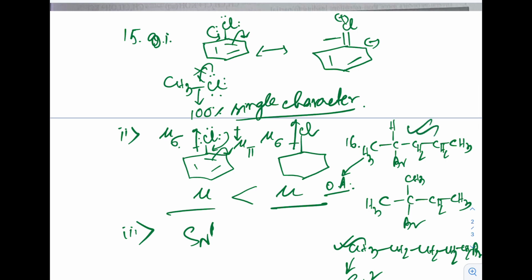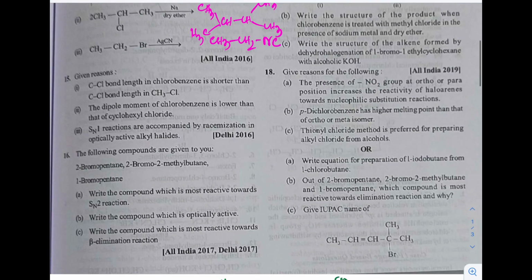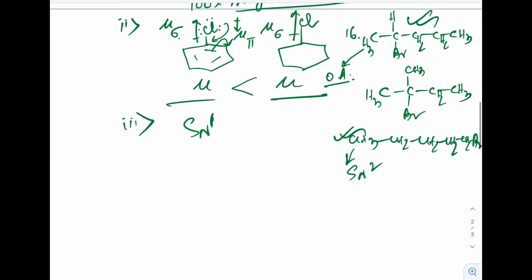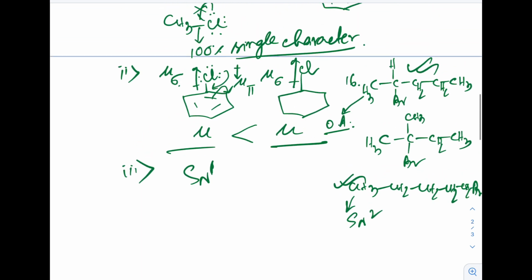Next question: write the compound which is most reactive towards beta elimination. Order of elimination reaction, you just note it down: 3 degree alkyl halide greater than 2 degree alkyl halide greater than 1 degree alkyl halide. This is the order of rate of elimination reaction. So most readily elimination reaction will be given by 3 degree alkyl halide.